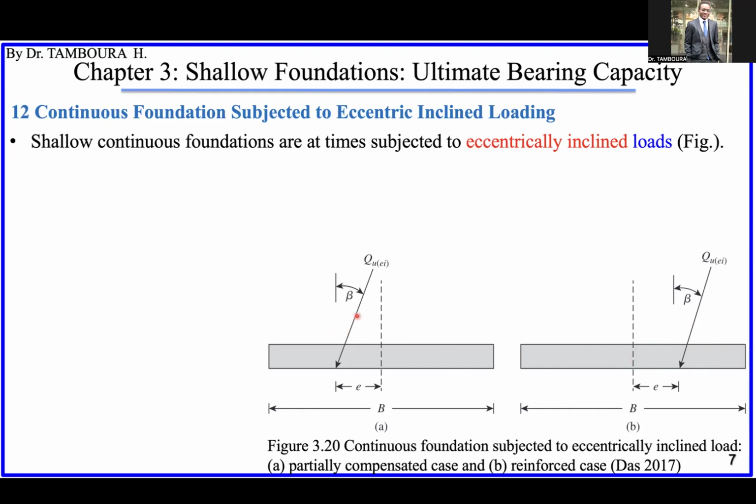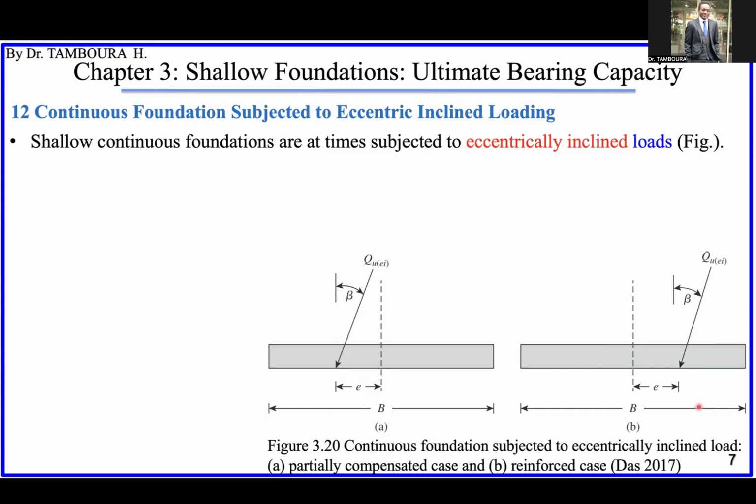You can do this position also similarly, but in that case, the load will be in this way. First of all, it is eccentric for both, no matter this side or this side, it's the same. But the inclination, where is the inclination going? Is it toward the center of the footing or away from the center of the footing? That will make the difference.